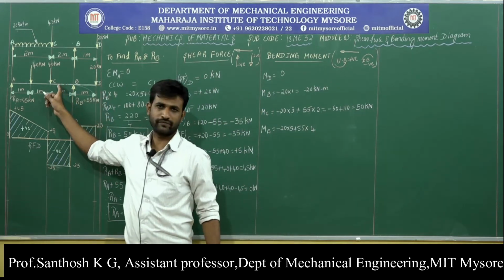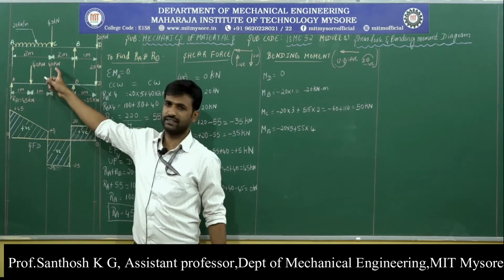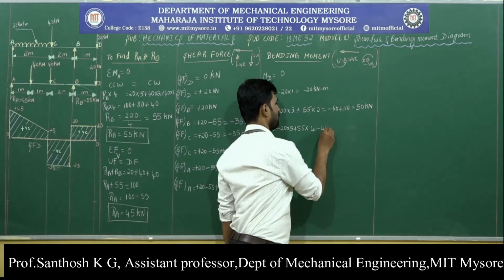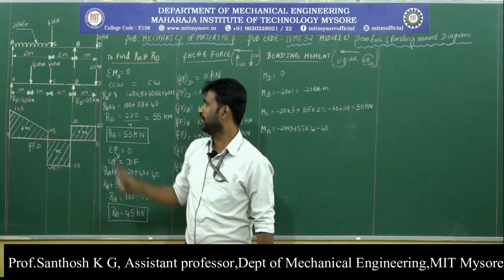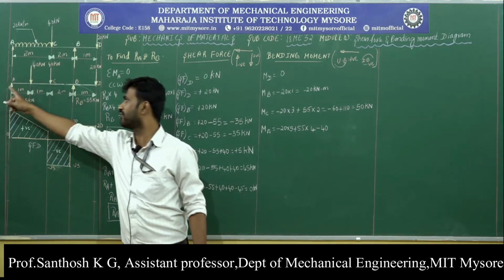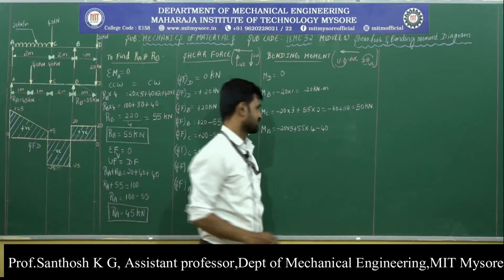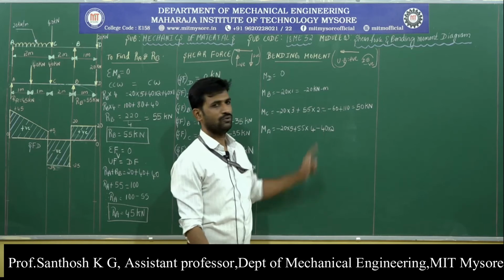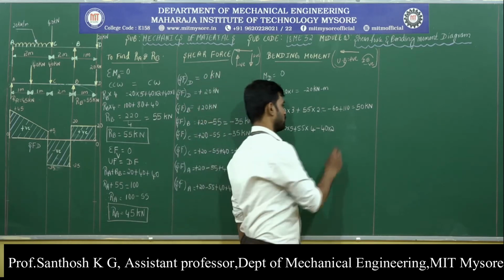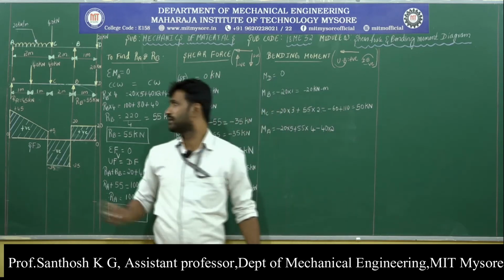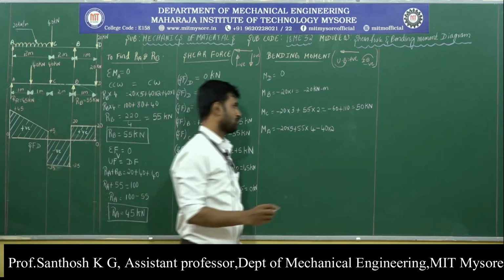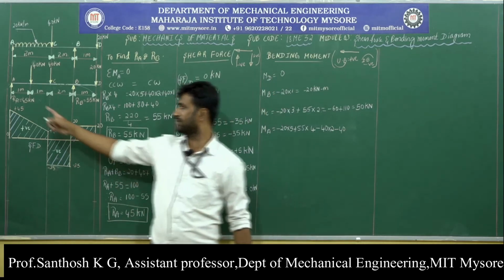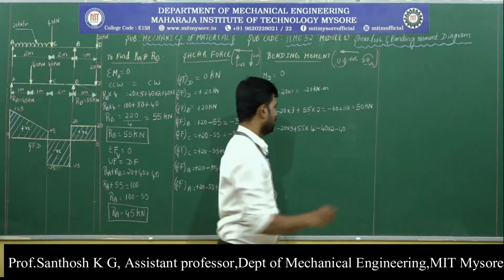Then the next point we have is C. At C we have a downward force of magnitude 40, so minus 40, and its distance from A is 2 meters. So, minus 40 into 2 is the moment due to this minus 40 kilonewton force. Then the next force is a downward force of 40 kilonewton and its distance from A is 1 meter.